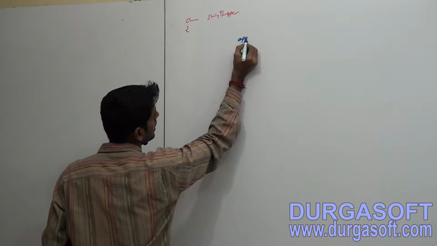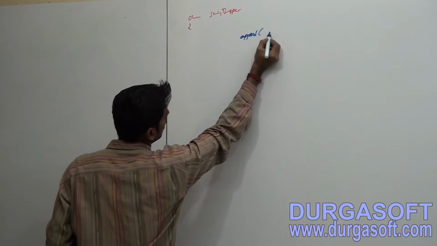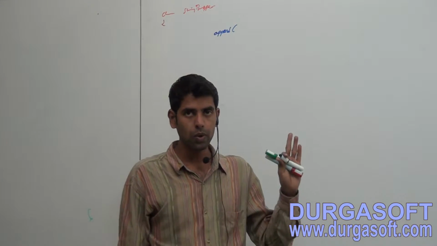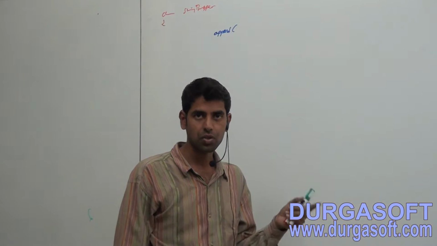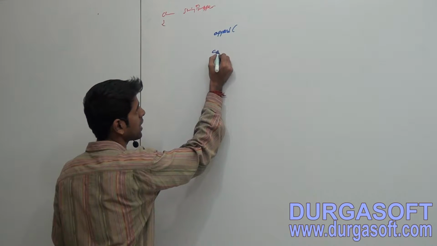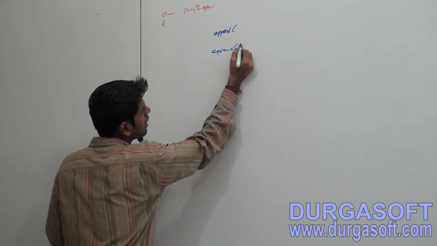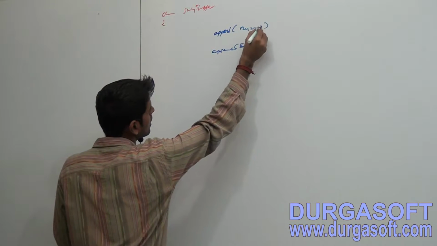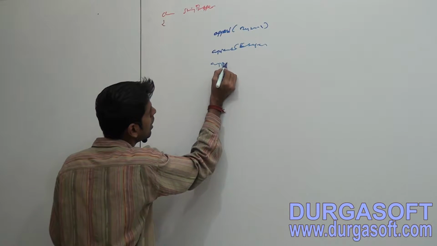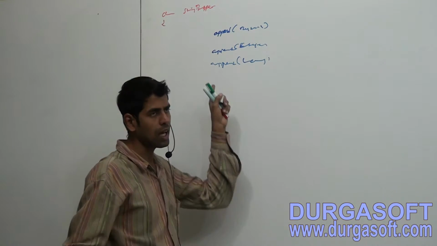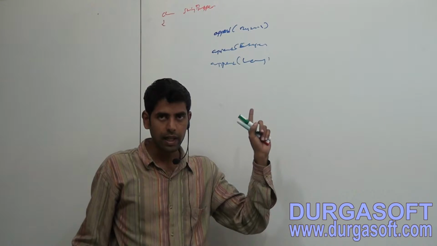Observe here, append of, it's having byte, boolean, wrapper class, StringBuffer, many overloaded methods were there. Append of integer, append of byte, and append of long. Like that, it's having overloaded methods.